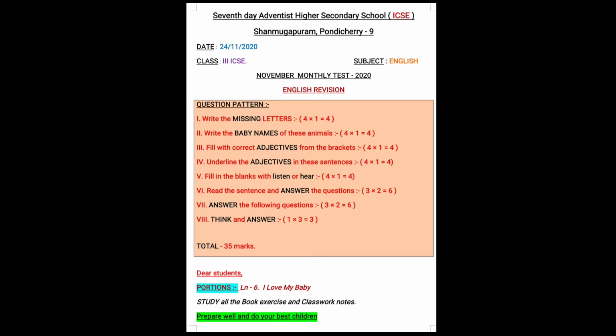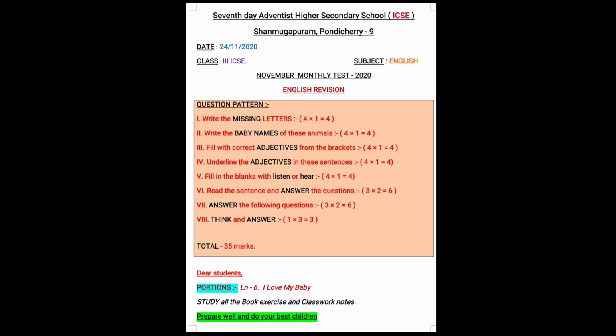Students, let's quickly look at the question pattern now. Your question paper is for 35 marks and you'll be writing the test for an hour. First Roman letter is write the missing letters. I'll be asking you questions from the new words which you learned from this lesson. Second Roman letter is write the baby names of these animals.